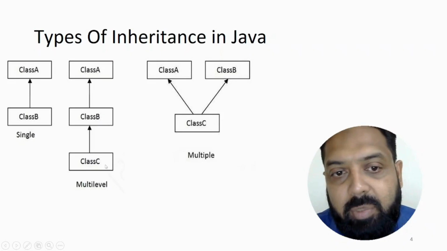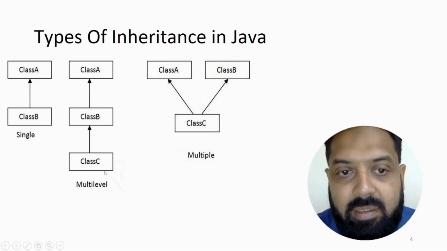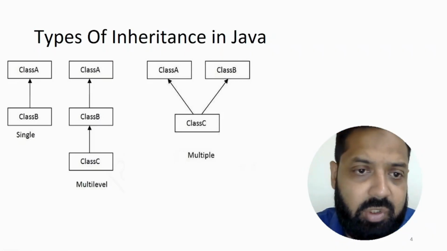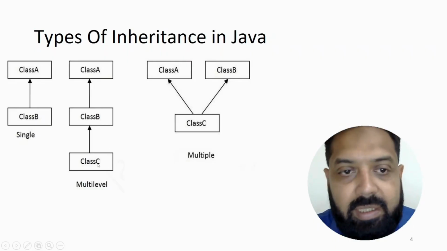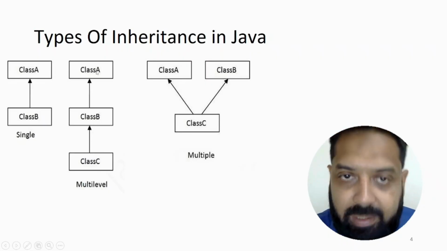Similarly, we saw the example of multi-level inheritance, in which there is some sort of dependency: class C depends upon class B and class B depends upon class A. It means that class C takes the attributes of class B and class B takes attributes of class A.